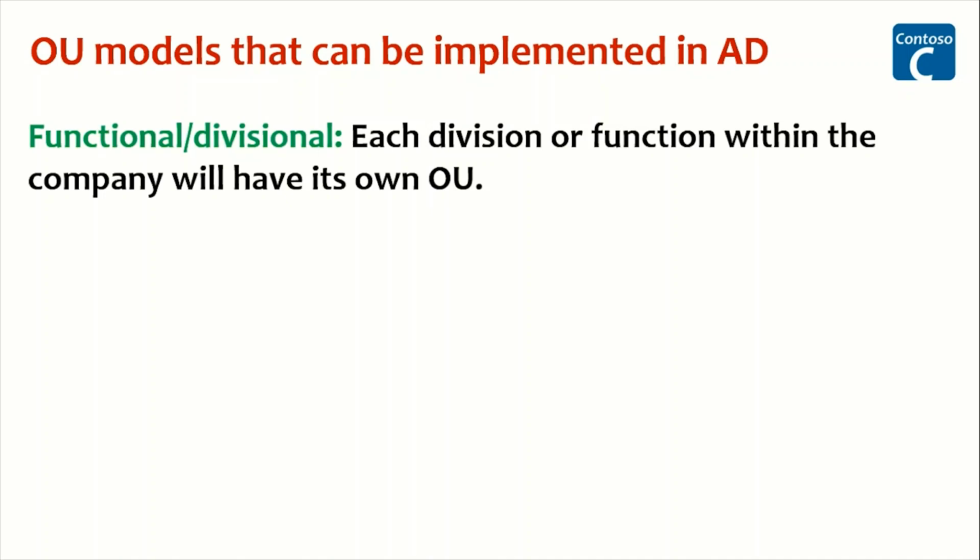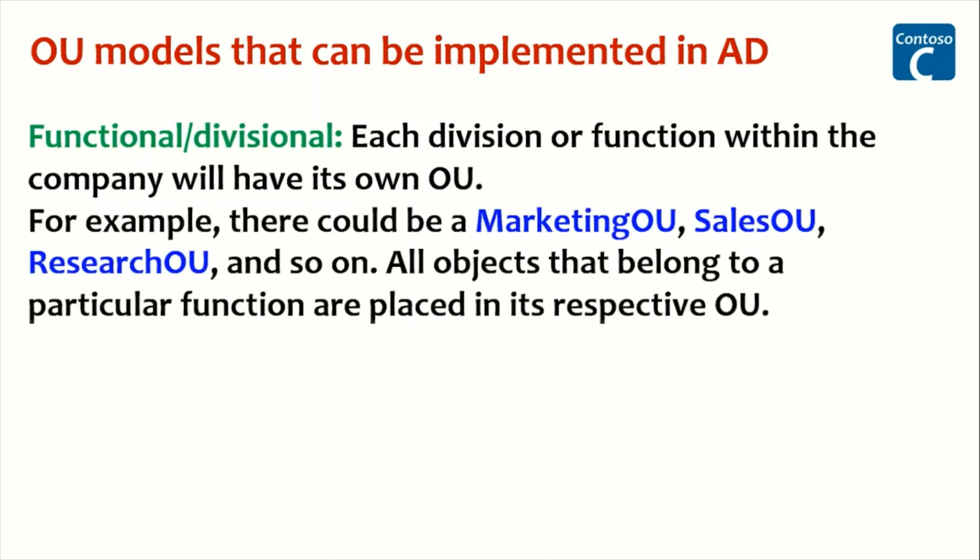Each division or function within the company will have its own OU. For example, there could be a marketing OU, sales OU, research OU, and so on, HR OU. All the objects that belong to that particular function will be placed under their respective OU. So this design model is called a functional or divisional model.